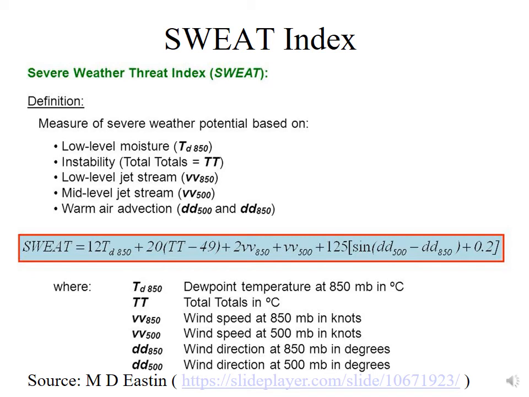And this is the first of the stability indices that includes information about shear. So the wind speed at 85 kilopascals and 50 kilopascals is included in units of knots, and the wind direction is in degrees.